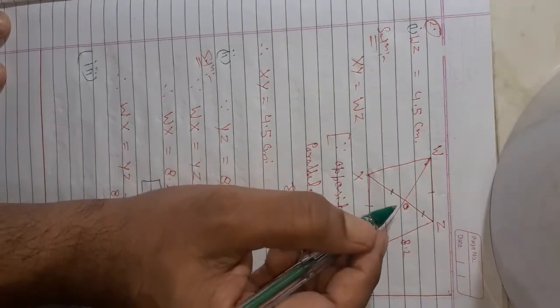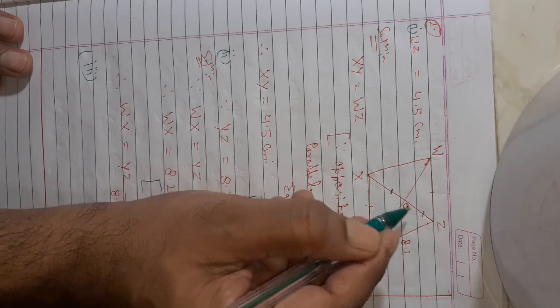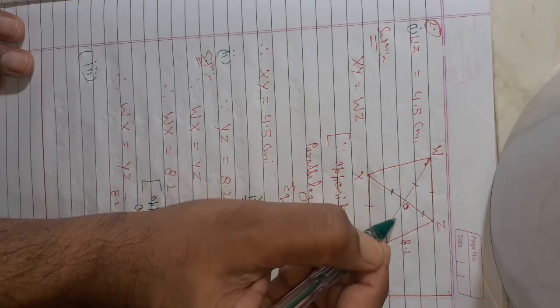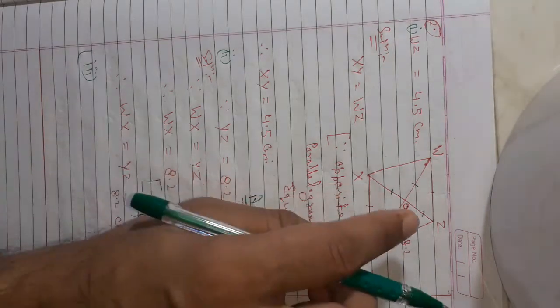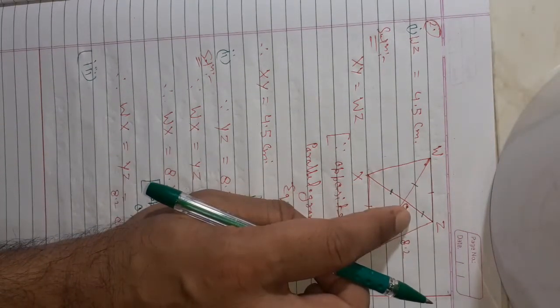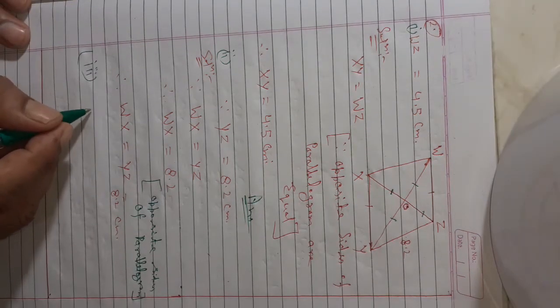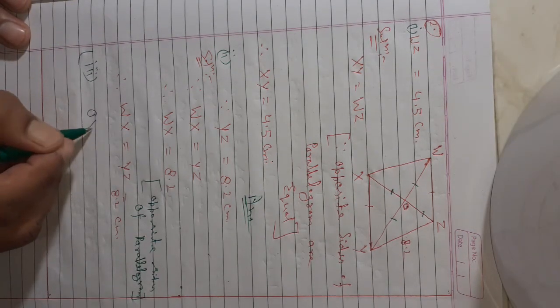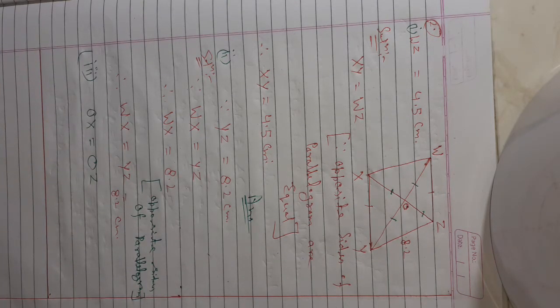Means anyhow, if you think, don't go too deep, simply you will think this equal to this and this equal to this. Okay, so third question, if you are talking about OX given 2.5, so OZ they are asking, so what will be there? OX is equal to OZ. How?